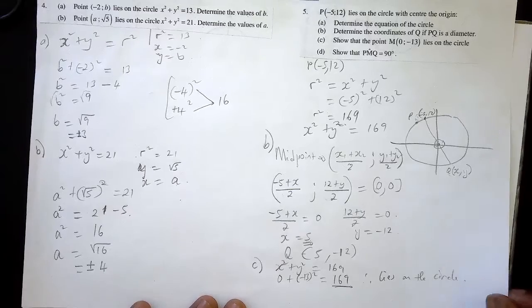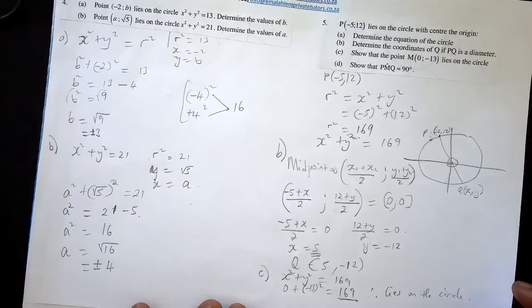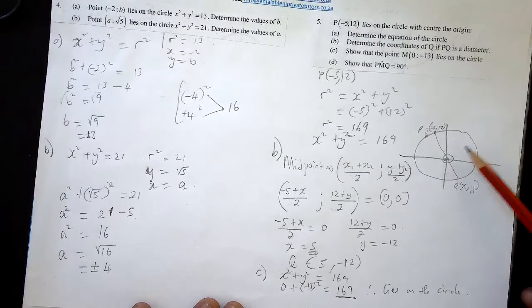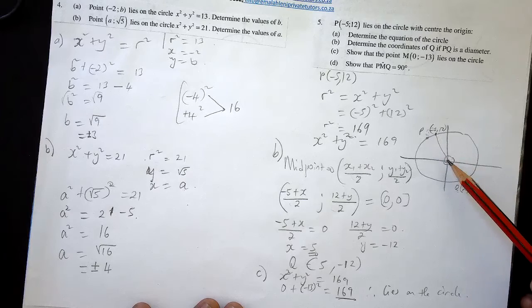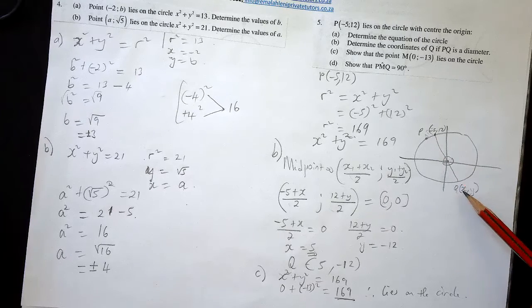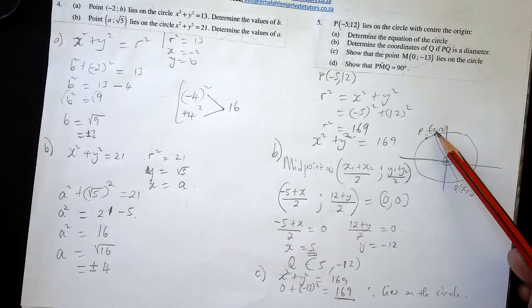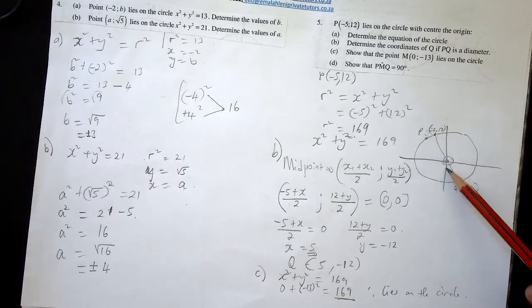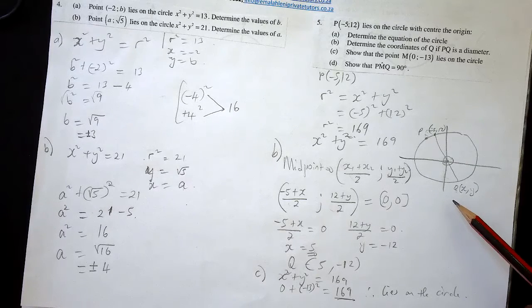Then show that PMQ is equal to 90. We want to see if it is true. How do we tell that it's 90?